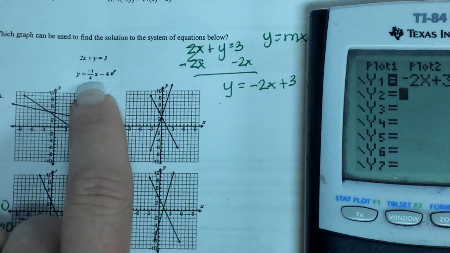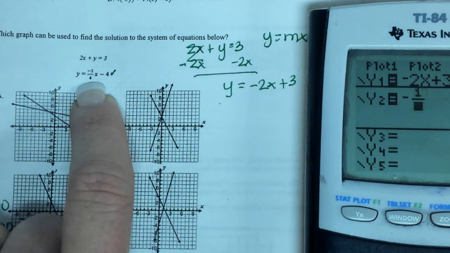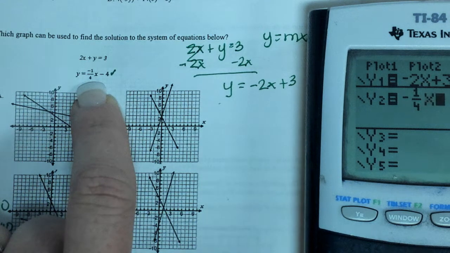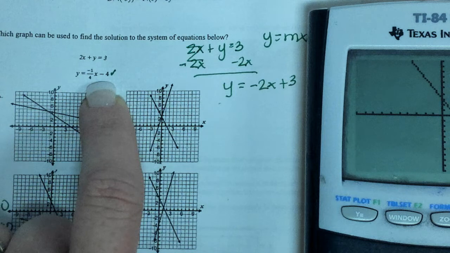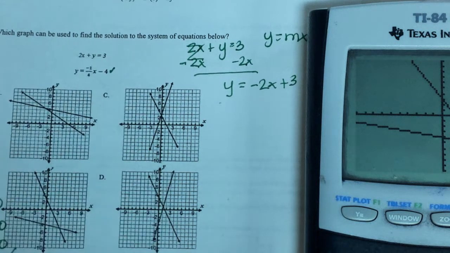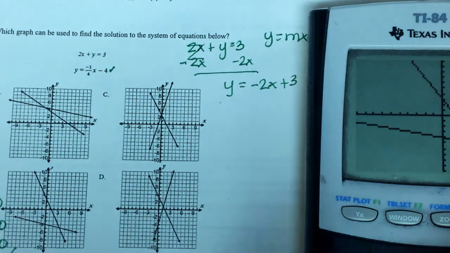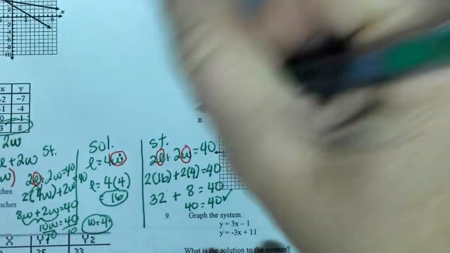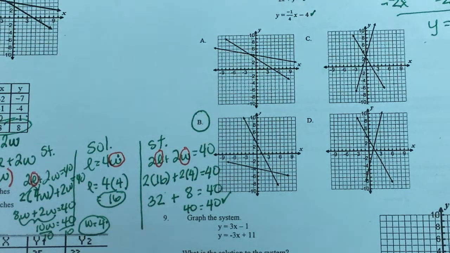And y2 is 4x minus 4. Now I can look at the graph. You can see it's intersecting down here at this point, so that means that B would be my correct answer.